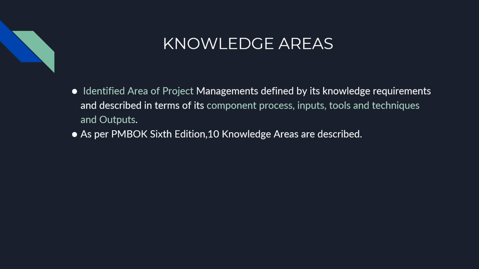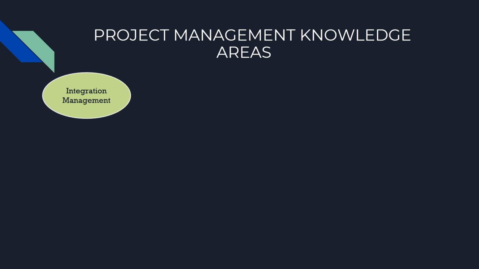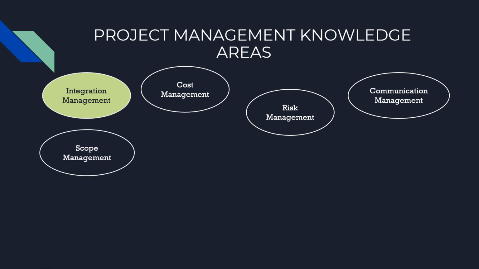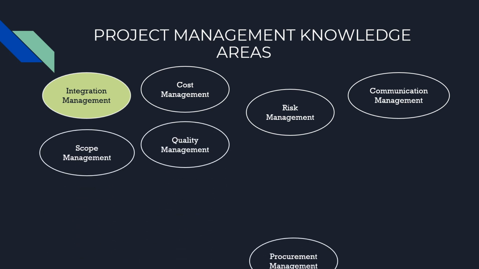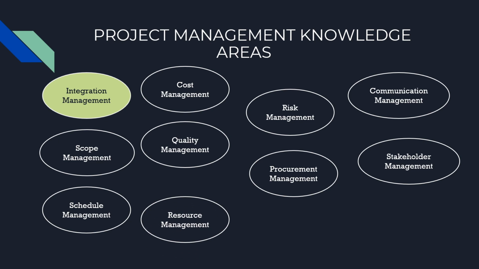As per the PMBOK, 10 knowledge areas are described: integration management, cost management, risk management, communication management, scope management, quality management, procurement management, stakeholder management, schedule management, and resource management.